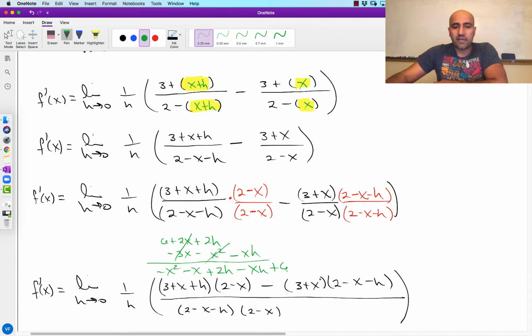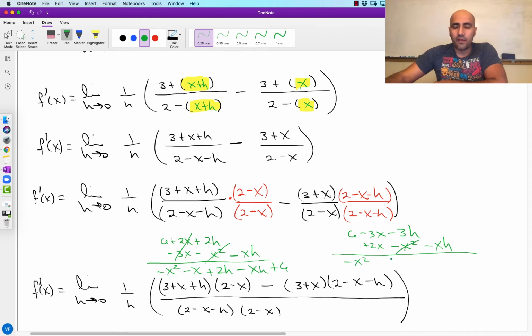Foiling these guys over here, I multiply everything by 3. So I'll get a 6 minus 3x minus 3h. And then I multiply everything by x. So I get plus 2x minus x squared, and then minus xh. When I add them together, I get a minus x squared.